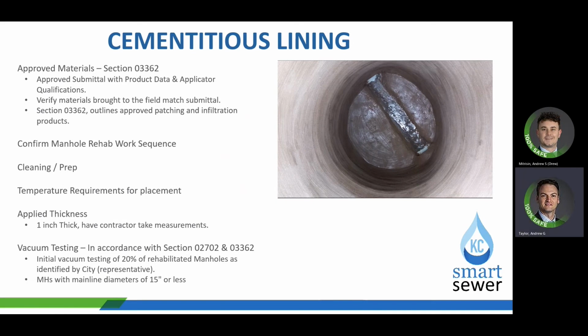So keep in mind, obviously in the summer, we don't want them trying to apply cementitious lining if the ambient air temperature is above 90 degrees. As well as within the winter, the limitation is basically mixing temperature should not be below 40 degrees. So keep that in mind as well.